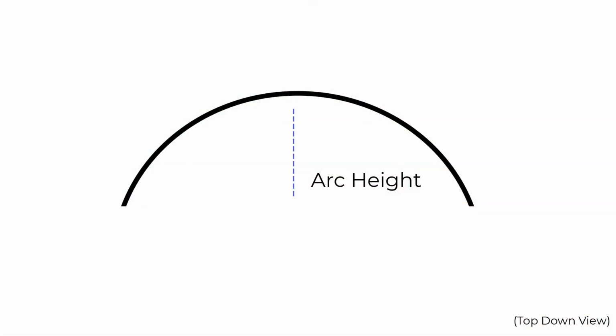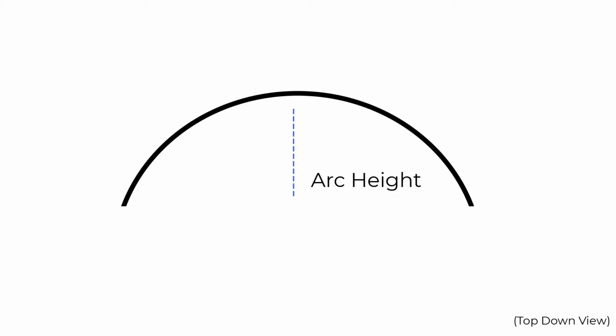You could easily get the arc height by measuring from that left-hand side where the arc starts up to where the peak of the arc is. So that's going to be your arc height.